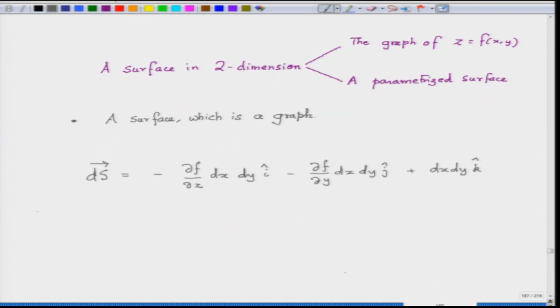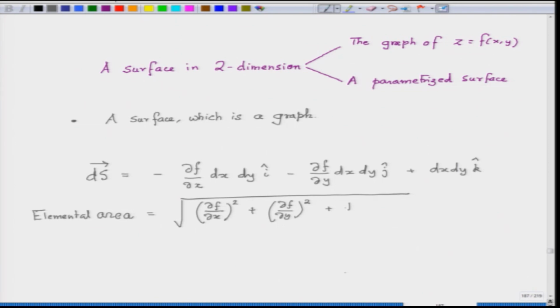So, elemental area is equal to root over del f del x whole square plus del f del y whole square plus 1, this whole thing into dx dy. So, this is your ds.